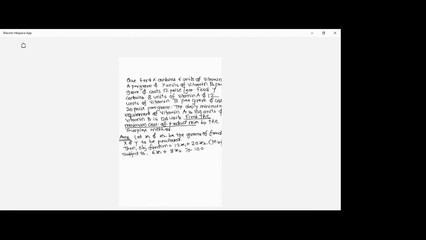What is 6? 6 is the units of vitamin A in food X, and 8 is the units of vitamin A in food Y. Similarly, for vitamin B, we can write the constraint as 7x1 plus 12x2. The minimum requirement of vitamin B is 120, so it should be greater than or equal to 120. And very importantly, x1, x2 should be greater than or equal to 0, right?